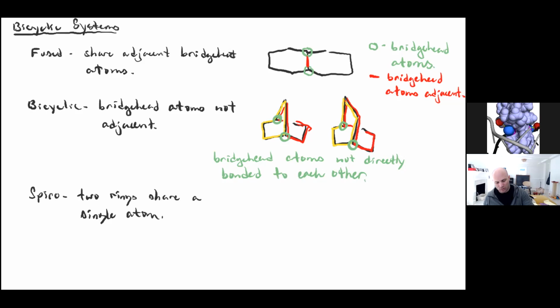An example of this would be a 5-membered ring and then a 6-membered ring stuck together. There's one atom that they share in common. We don't really call that a bridgehead. We call that the spiro atom or spirocyclic center.